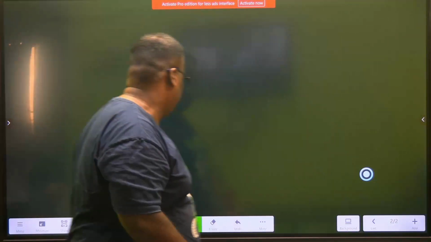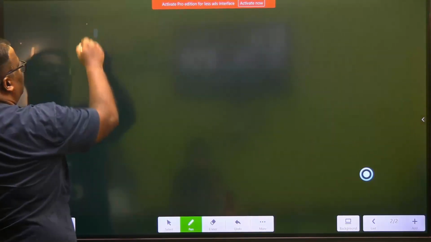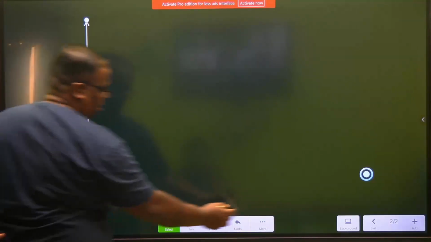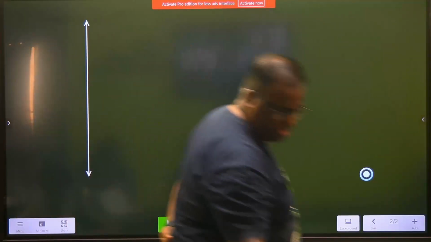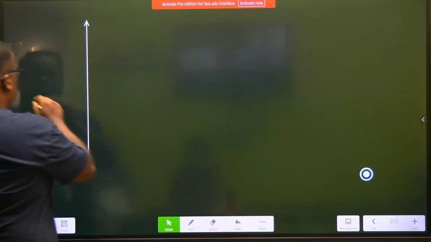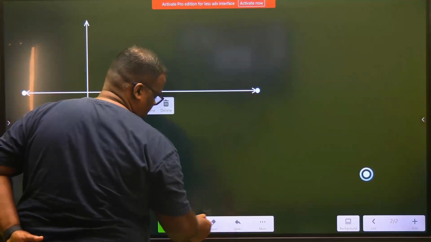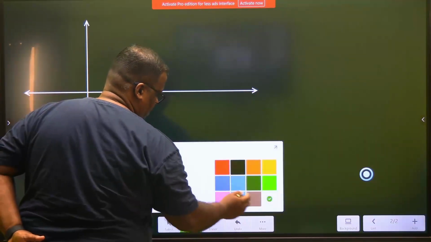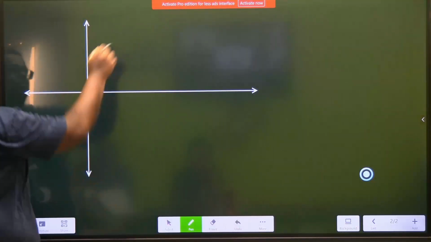What does slope mean? First, I will tell you how to understand slope, not how to measure slope.